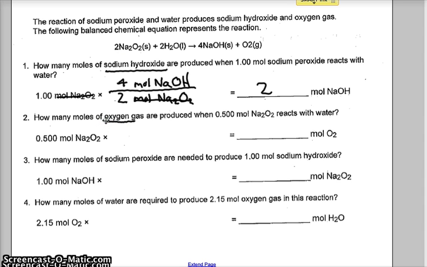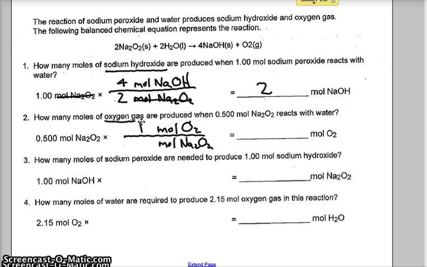And I always say let's start out by writing the units that we want and the units that we want to cancel. So now we want moles of oxygen, so we'll write that on top, and we want to cancel the moles of Na2O2. Okay, so how many moles of oxygen do we get in the equation up there? There's just the 1.